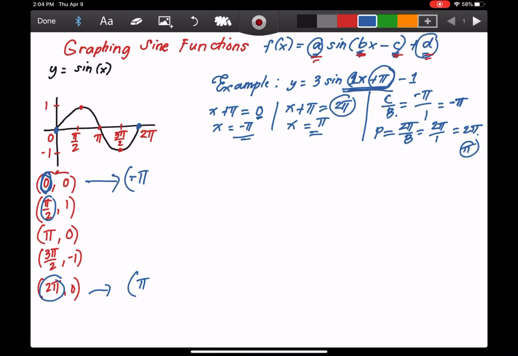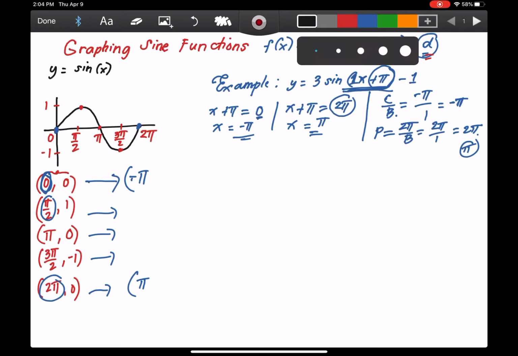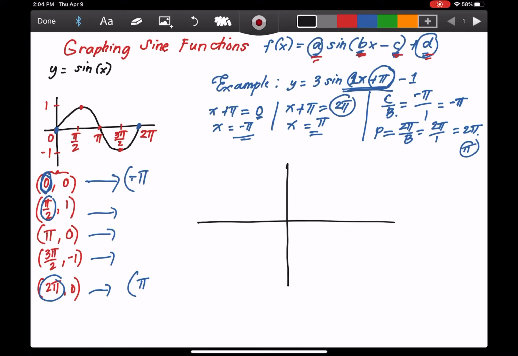So if you're able to identify now where to start and where to end the graph, let's try to find the other x coordinates. We still have 3 remaining. You can make your Cartesian plane now to see the x coordinates.